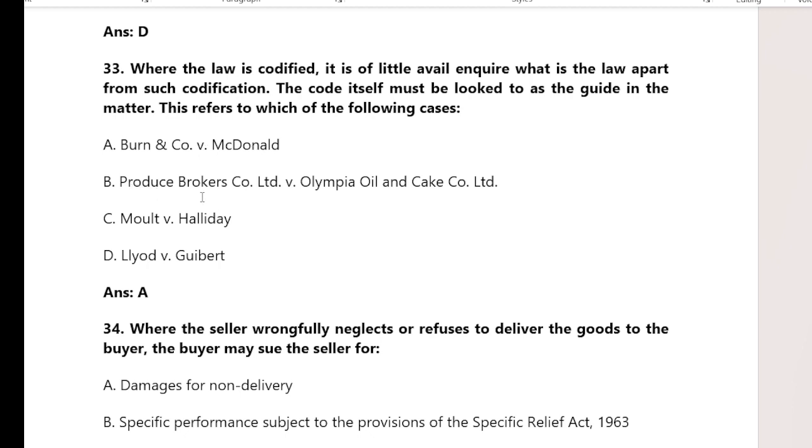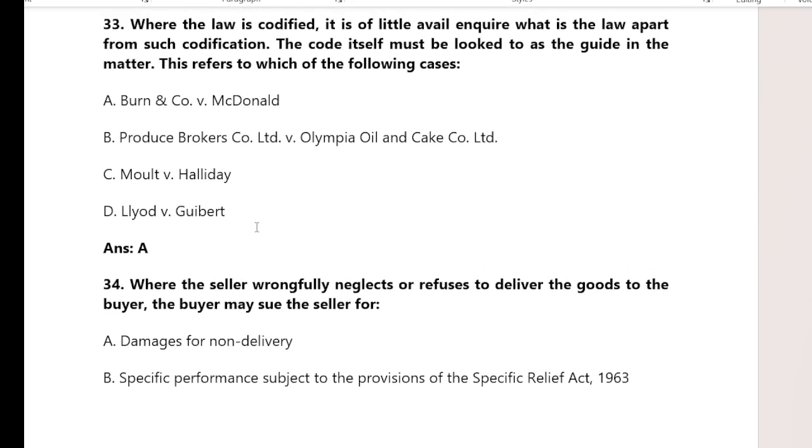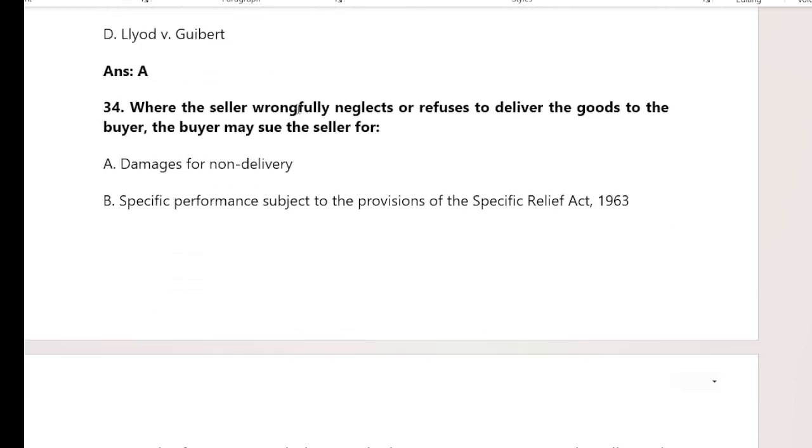Option B is Produce Brokers Company Limited versus Olympia Oil and Cake Company Limited, and C is Malt versus Holiday, and option D is Laird versus Guibert. Then the right answer is option A, Bank of England and Corporation versus McLeod.